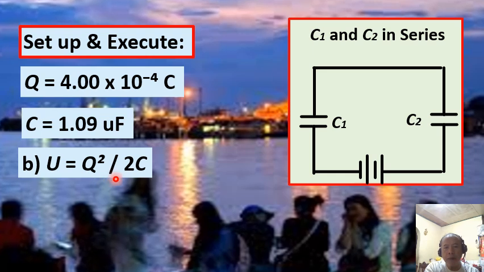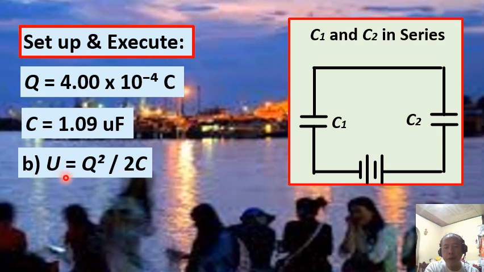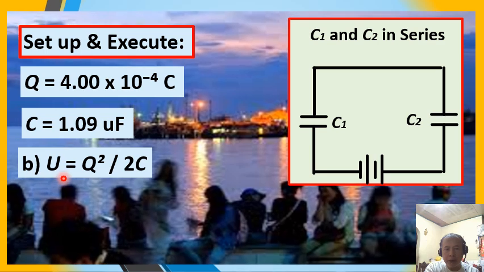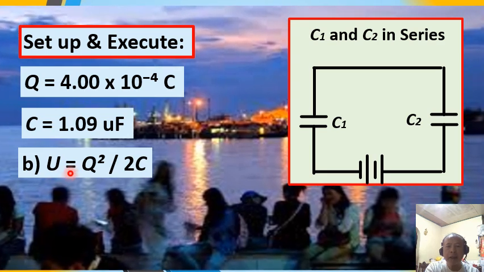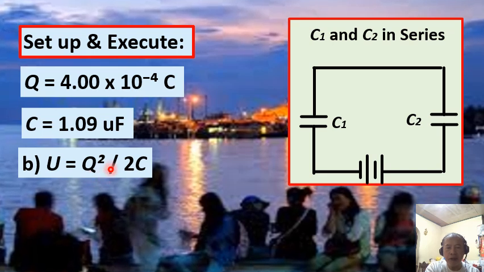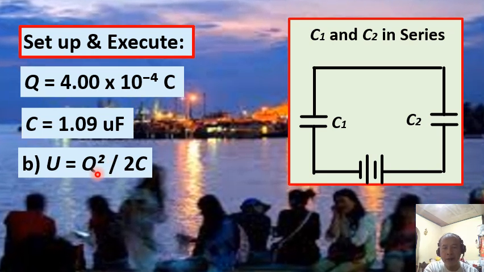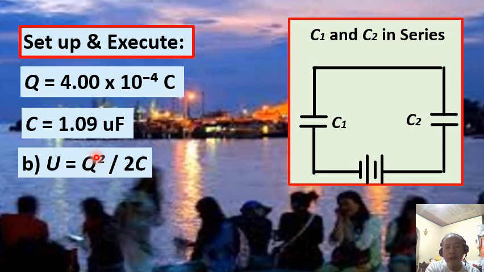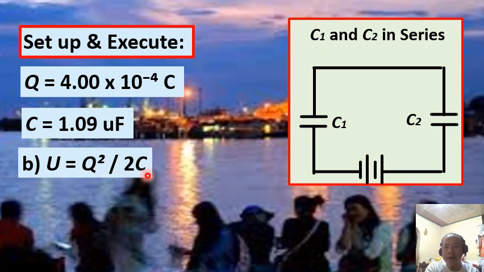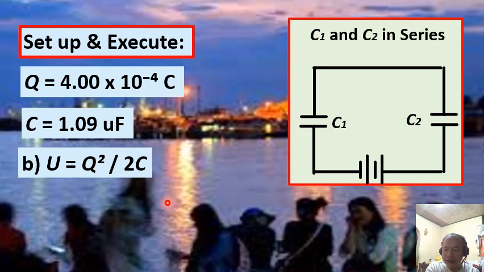The formula that we use to compute the amount of stored electric potential energy, capital U, is Q squared, or the square of the total charge, divided by twice the total capacitance.